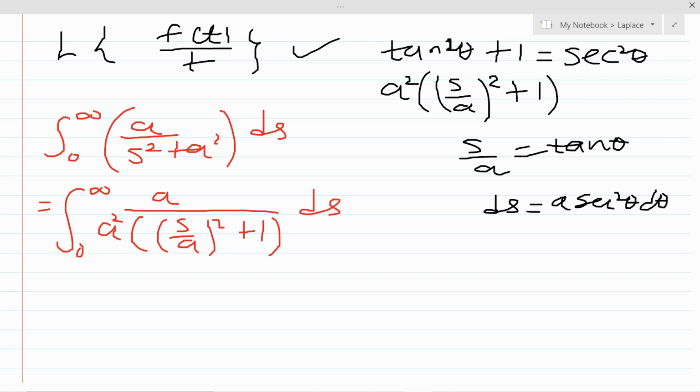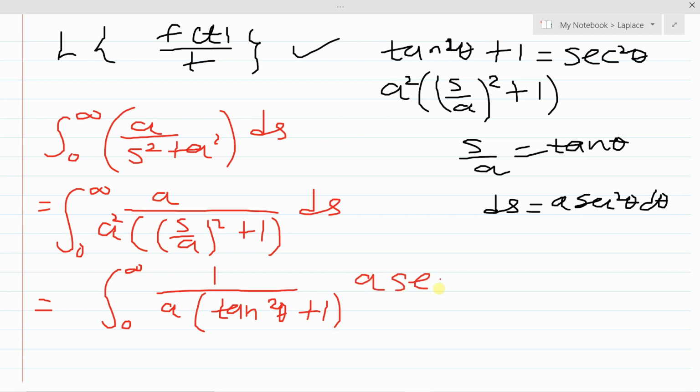And a can cancel this, so we'll get the integral from 0 to infinity, then 1 over a times, s over a was tan theta, so if I square it, it becomes tan squared theta plus 1. Then the ds now becomes a sec squared theta d theta. Now things are getting clearer here. The whole of this will give us what?